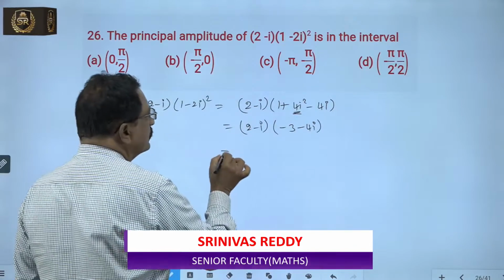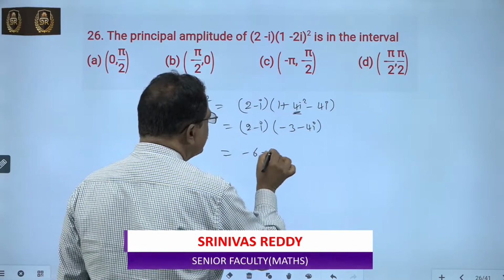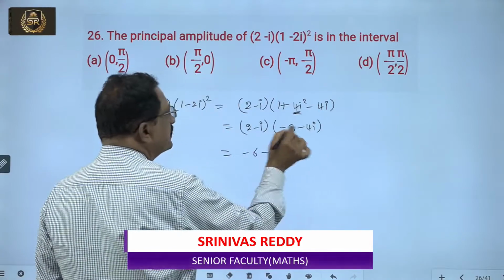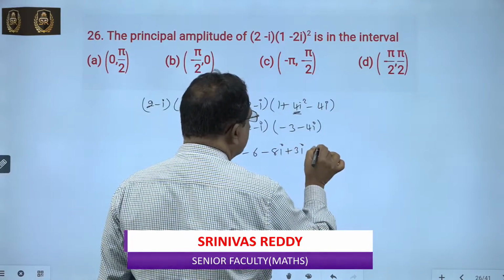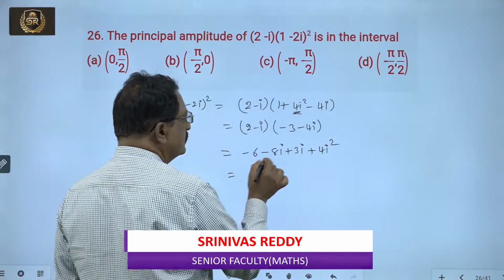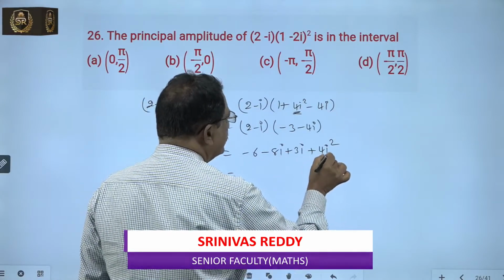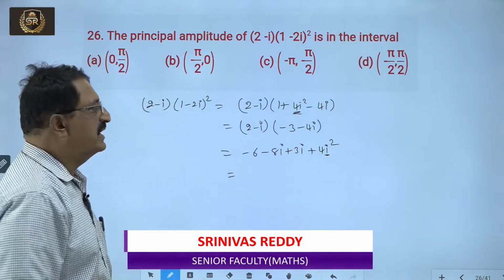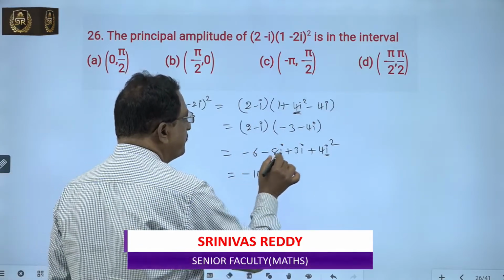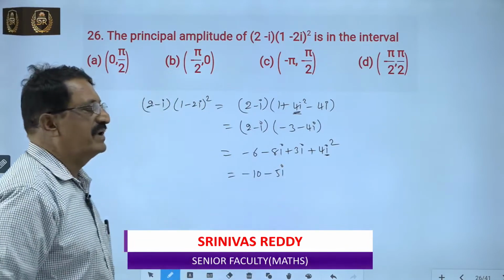Again multiplying these two factors, minus 6 minus 8i plus 3i plus 4i square, where i square equals minus 1. Now minus 4 minus 6 is minus 10, minus 5i.